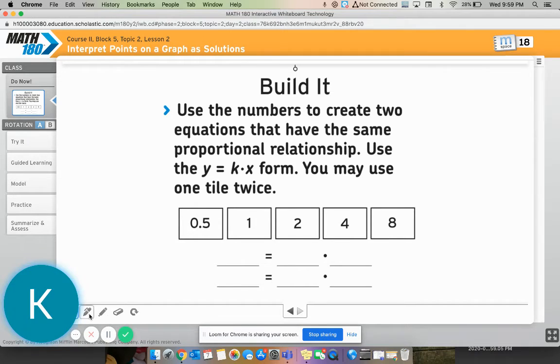So we're going to use one of these tiles to make an answer, use a different tile to make a number, and use a different tile to make another number. So when these 2 numbers are multiplied, they make this answer over here on the left. Okay, so I'm going to give you a little bit of time to work on that, and then we're going to chat through with it.